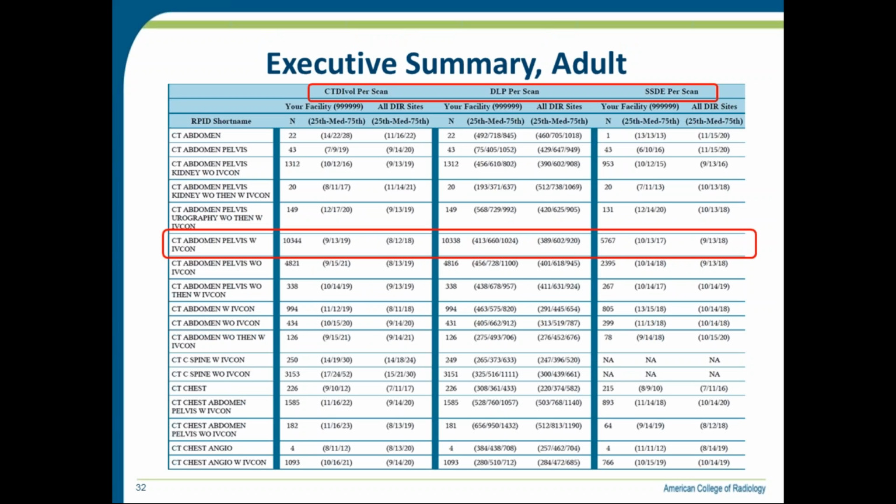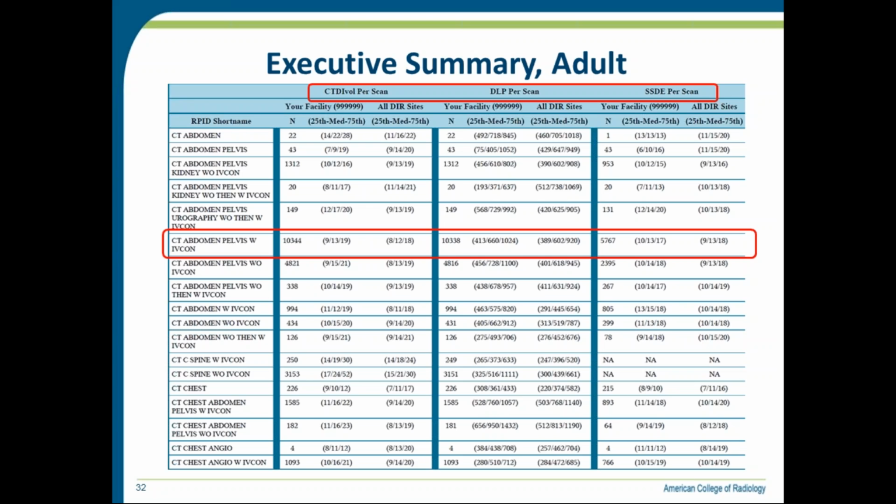The first part is the executive summary of adult. You can see that for CTDI vol, DLP, and SSDE, your facility numbers are compared to the national levels for high volume exams side by side. You can see that for CT abdomen pelvis with IV contrast, the facility did almost how many, 10,344 exams, and what is the median? 13 milligray CTDI vol.